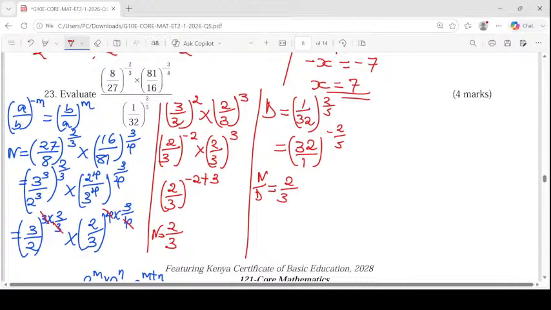I want you to know this way. 32 can be expressed as, is there a way we can express 32?